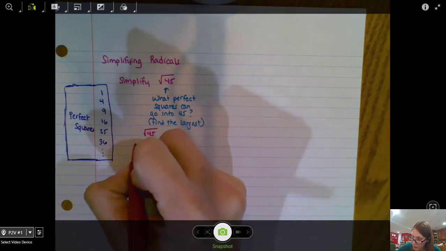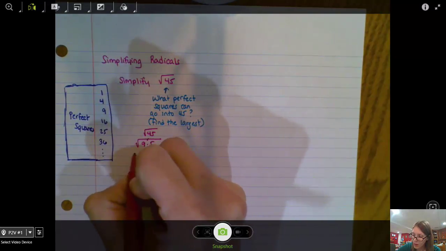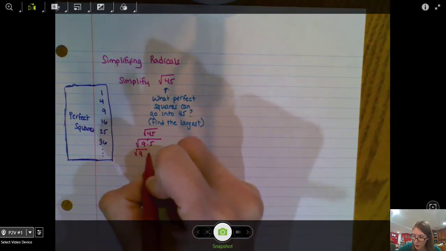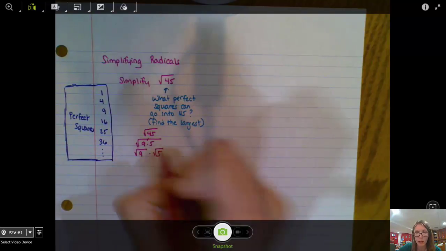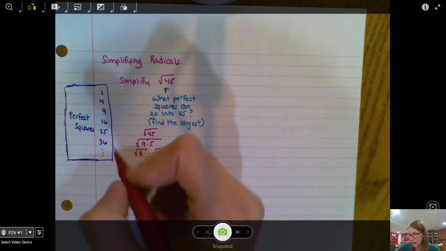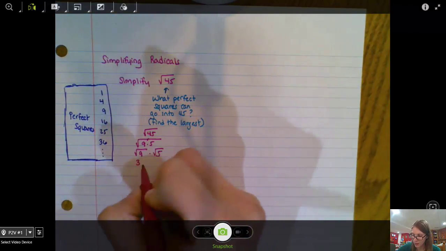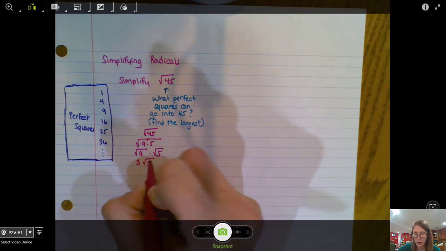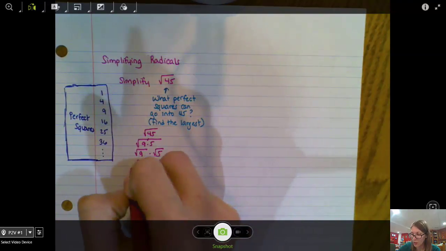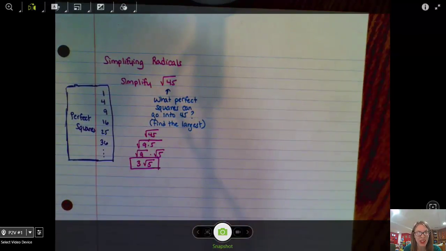So the square root of 45 is the square root of 9 times 5, and this is the same thing as the square root of 9 times the square root of 5. From here, our next step goes pretty nicely. Square root of 9 we can do nicely to get 3. That square root of 5 we can't do nicely. So 3 square root of 5 would be my answer here.